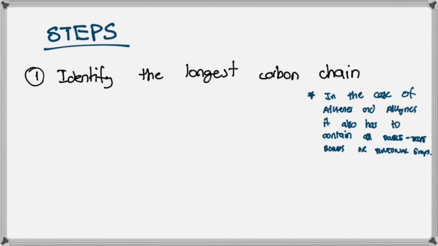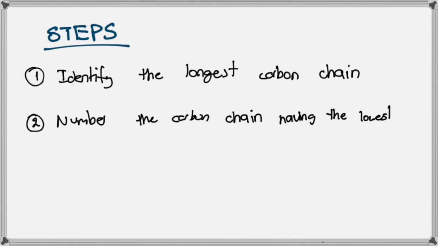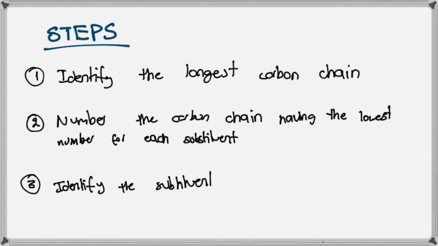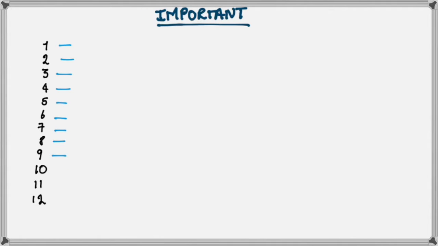So the first step is to identify the longest carbon chain, or the parent chain. The second one is to number the carbon chain, getting the lowest number for each substituent that we're going to go through later. And the third step is to identify the substituents. So it is actually important to remember.